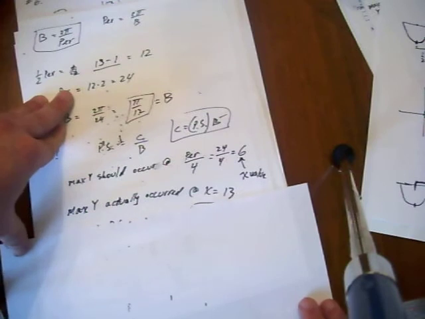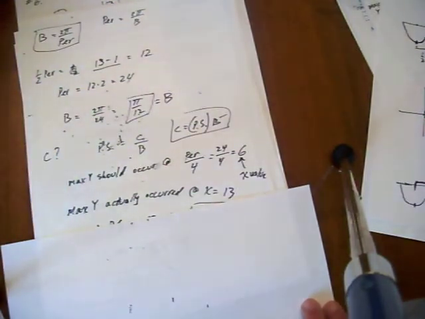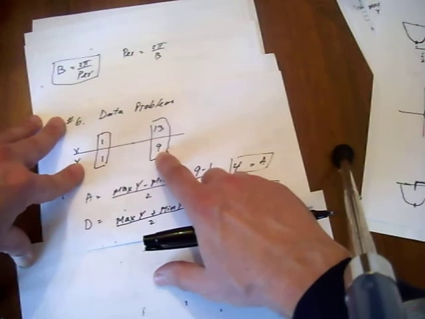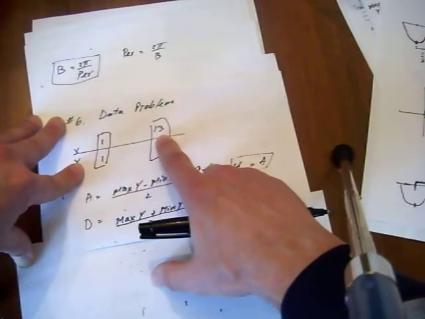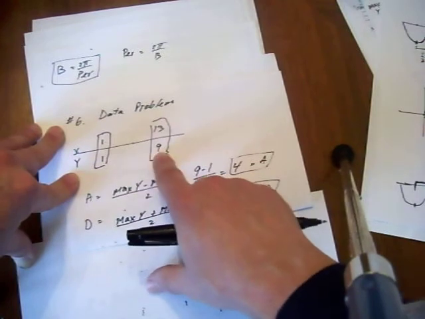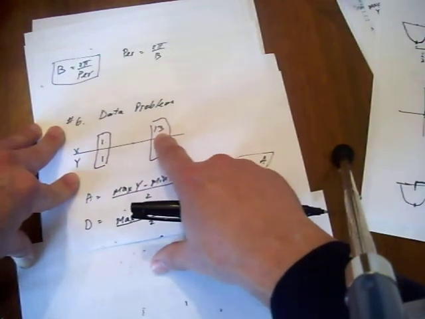Now, where did it actually occur? We get that from the data. The data portion of it told us that the maximum y equals 9, and it occurred at x equals 13.